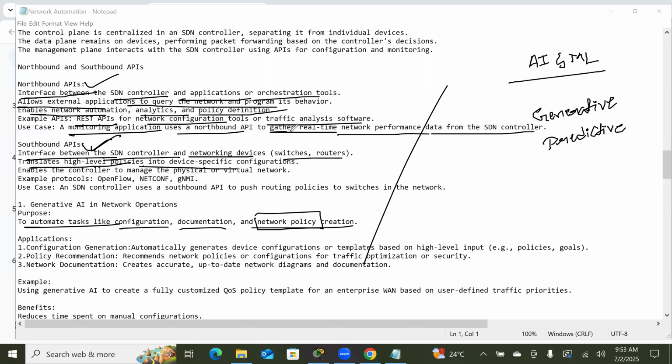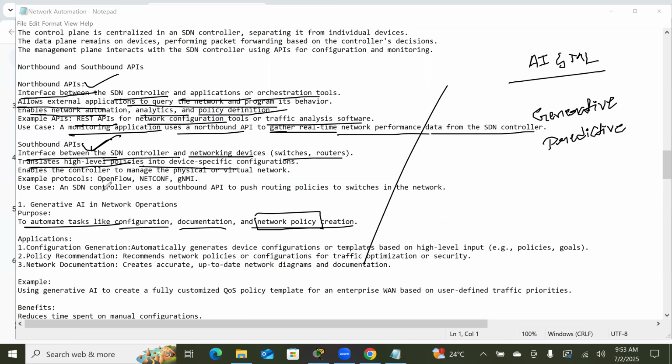In a Python-level language, you are going to write the configuration, but that should be understood by the end devices like the routers and switches. So that will be converted with the help of these southbound APIs.